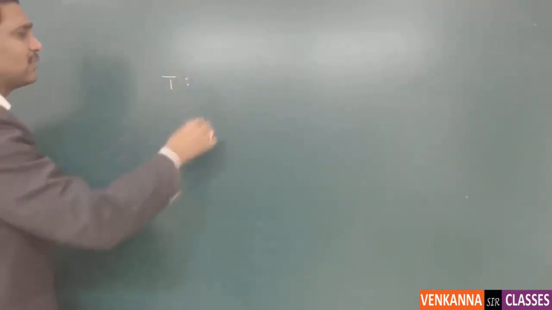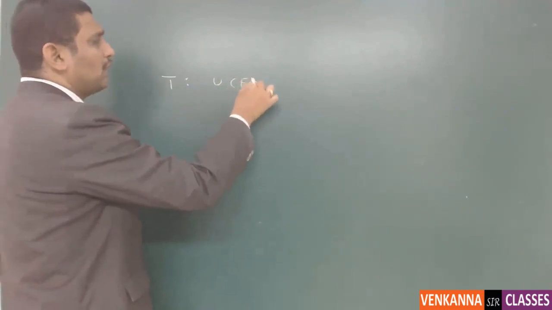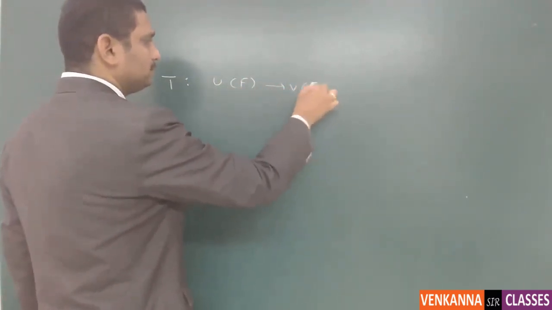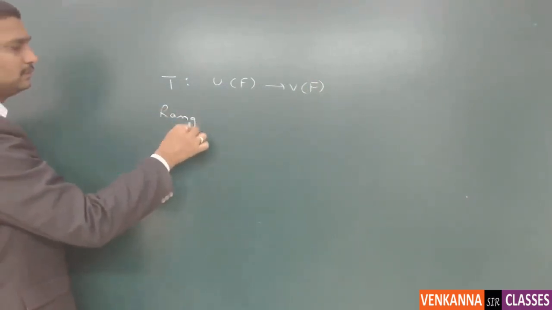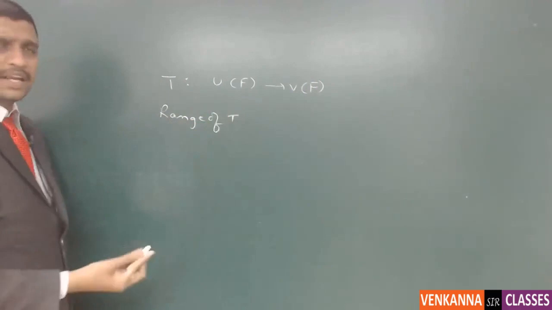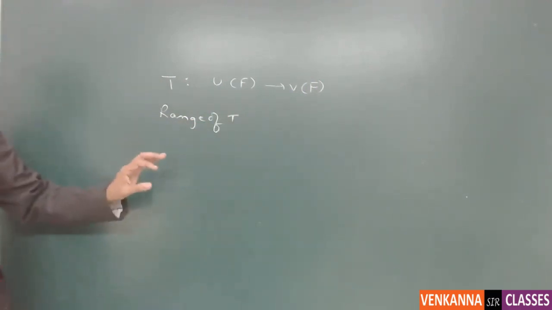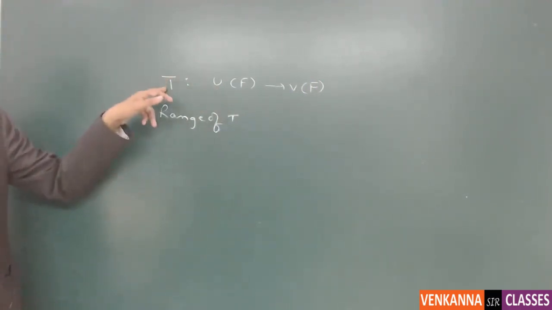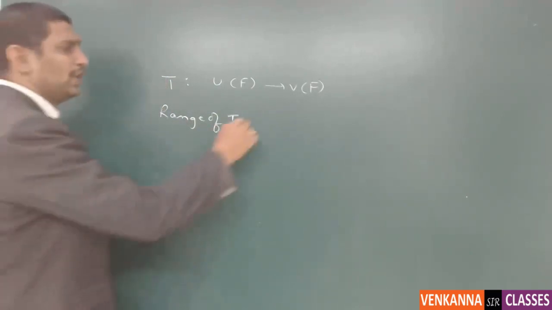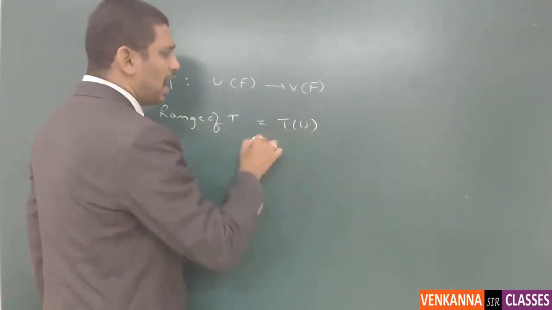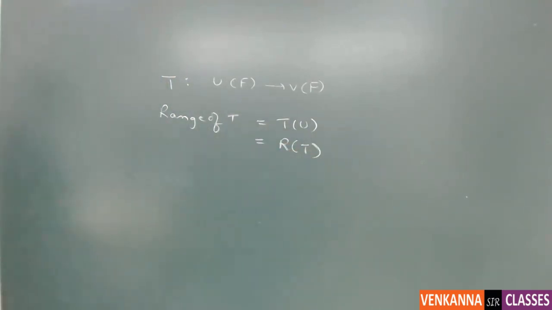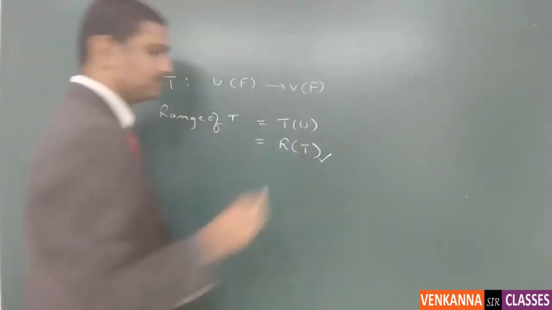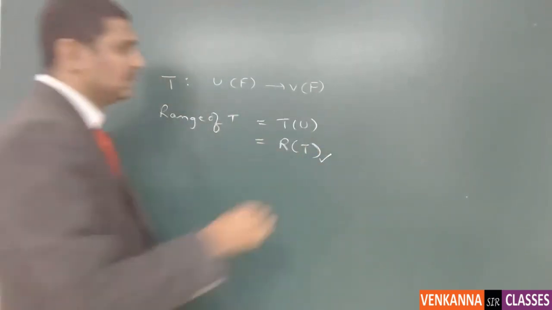So suppose T is a linear transformation from U over F to V over F. The range of T is nothing but all images of the domain U under the function T. We denote it as T of U or R of T. For the majority of the times, we use the notation R of T. And how do we define it?